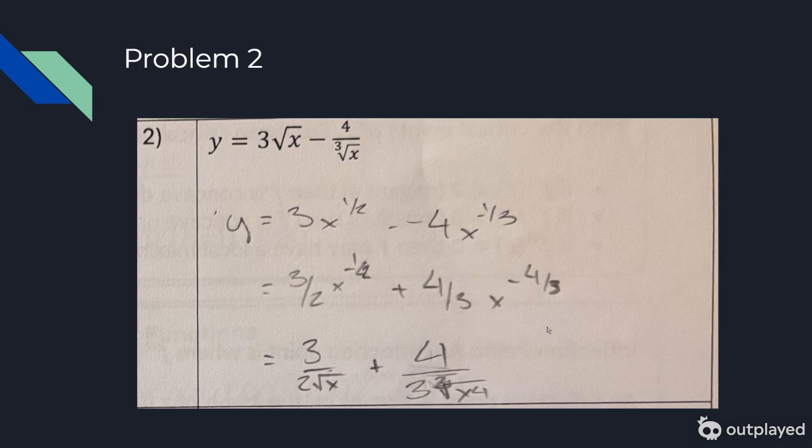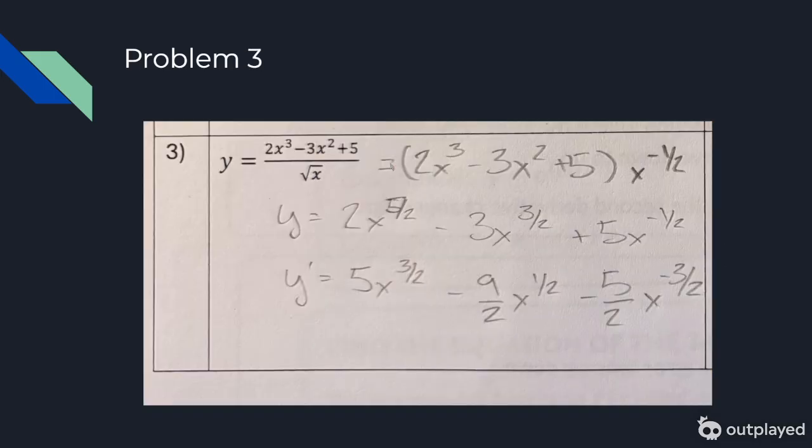And then you simplify this a little bit more, so we can move everything back down, become square roots again, and cube roots again at the bottom with exponents. So the 3/2 times x to the negative 1/2 becomes 3 over 2 times square root of x, plus, same thing over here, 4 over 3 times the cube root of x to the 4th power.